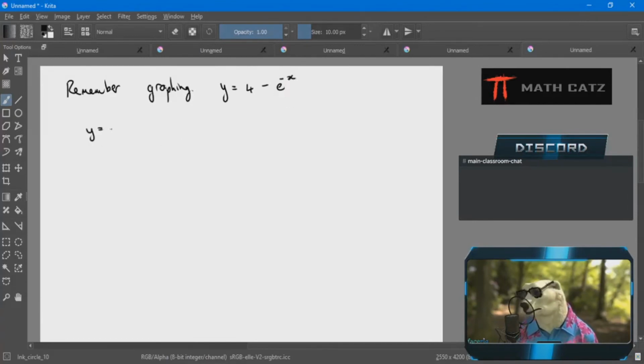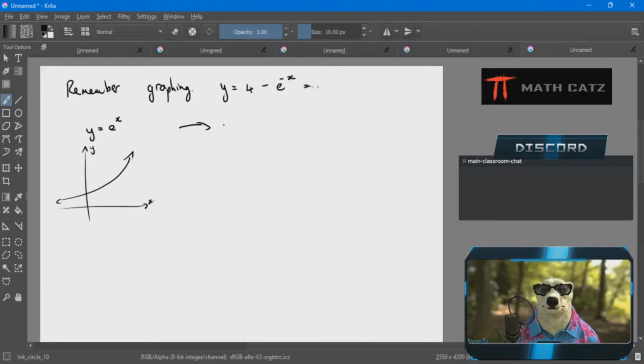Well, I was going to graph a basic exponential function. We're just doing a very rough one. Then I'm going to chain that with, well, you have some options which one to do first. I can rewrite this to negative e to the negative x plus 4.